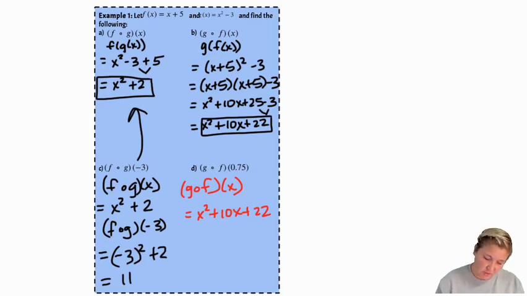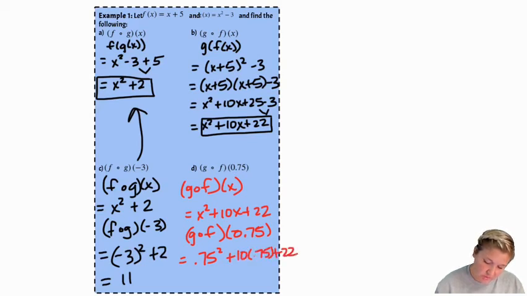So g composed of f of 0.75 is going to be 0.75 squared plus 10 times 0.75 plus 22.